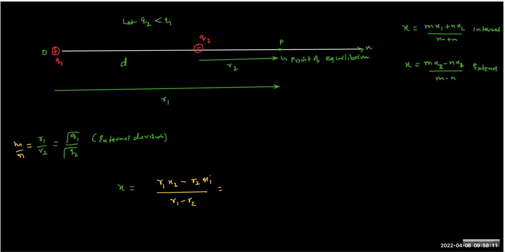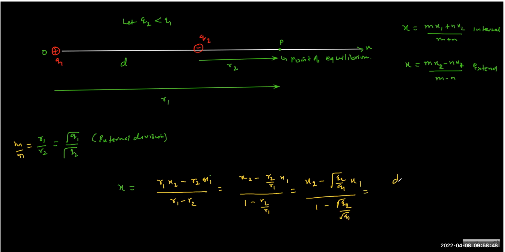So r1 is how much? I think we can take the ratio x2 minus r2 by r1 into x1, and if you divide, 1 minus r2 by r1, x2 minus root q2 by q1 into x1, and x2 is how much?